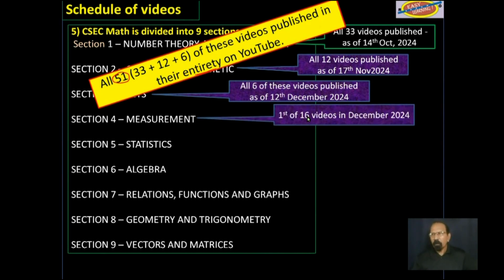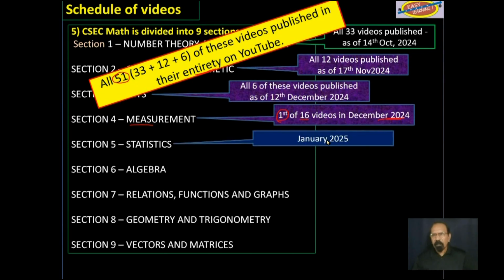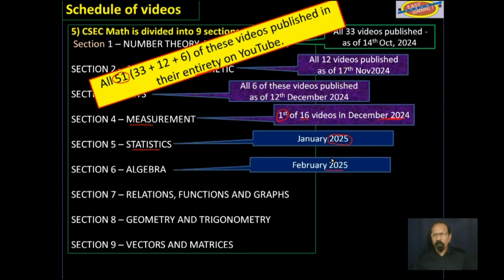We continue now. Section 4, Measurement. This is the first of 16 videos, and hopefully we'll get that done in this month of December. Then next month, January 2025, Statistics. February 2025, Algebra.